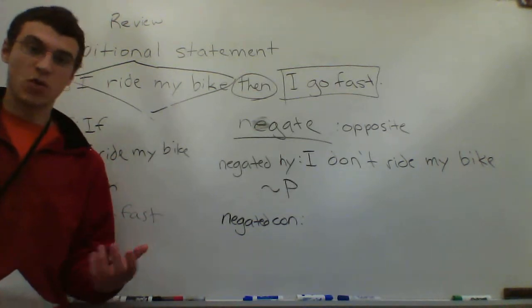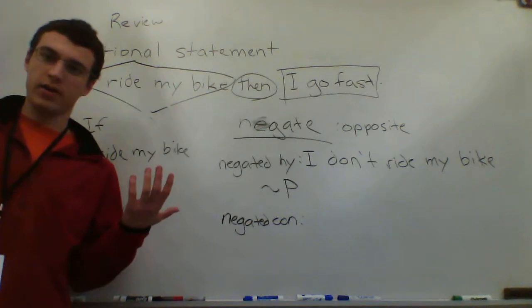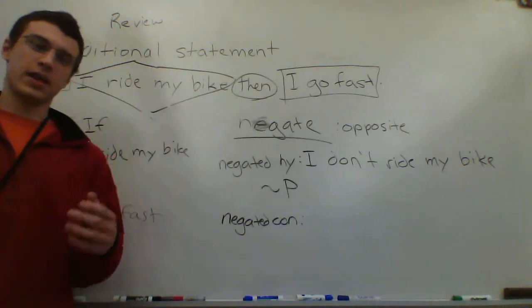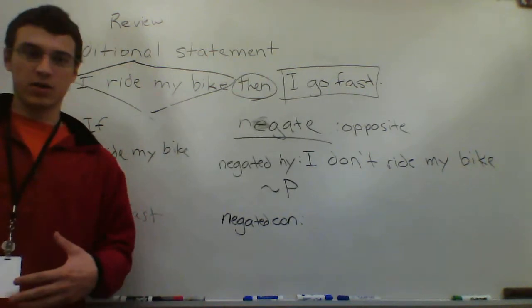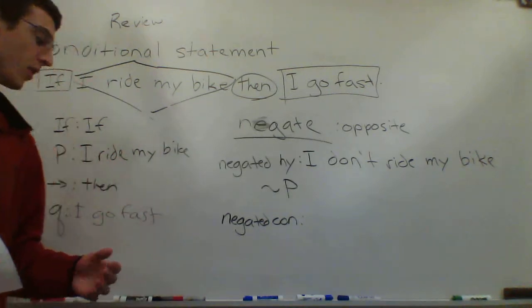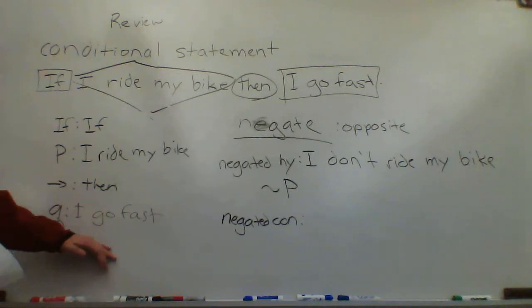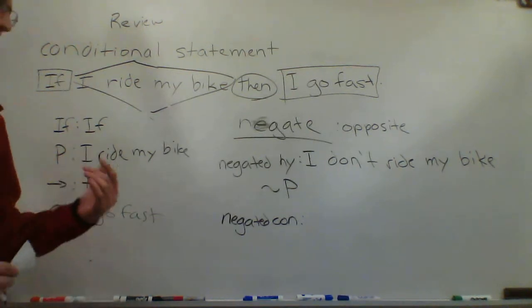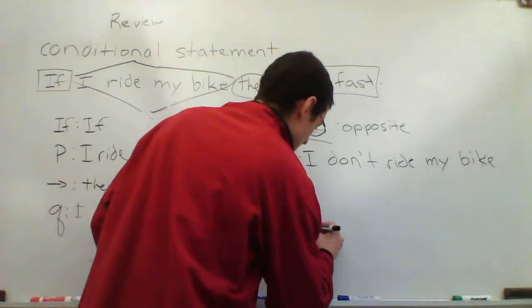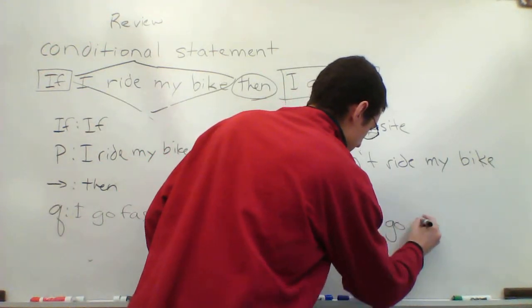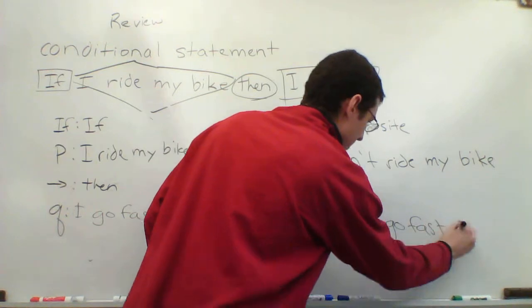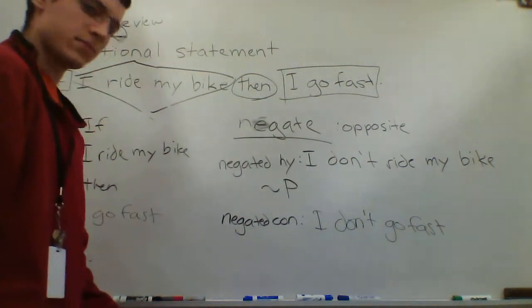Not going fast, or going slow. You can use either one. Opposites: I'm going fast, I'm not going fast. I did my homework, I didn't do my homework. It's just the opposite. So if my conclusion is I go fast, my negated conclusion is I don't go fast.